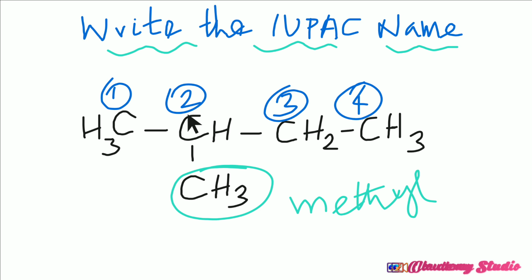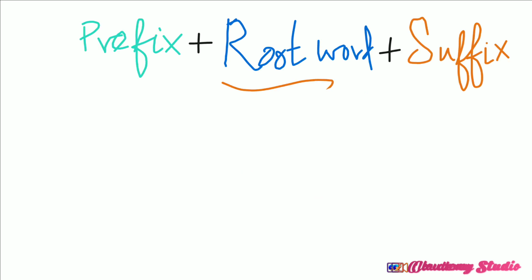So the location of the substituent is 2. The substituent is methyl. So what we need to write? 2-methyl, that is the prefix. So the number 2 is written. After that, a hyphen. Then the substituent name, that is methyl.